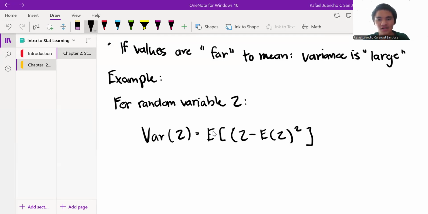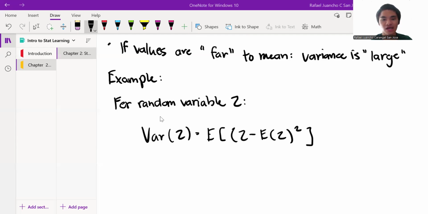That means we take each value of z. Z could just be some number, or it could be from z1 all the way to zn. It really depends on what z we're looking at, but here, let's just make it general. We take each value of z, subtract its mean, so we see how far it is from the average, and then we square it. And then we take the average of those squared differences.